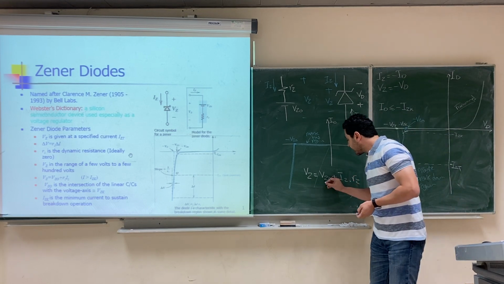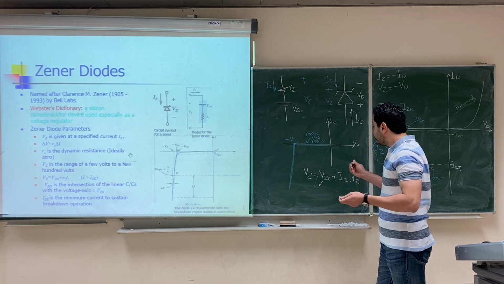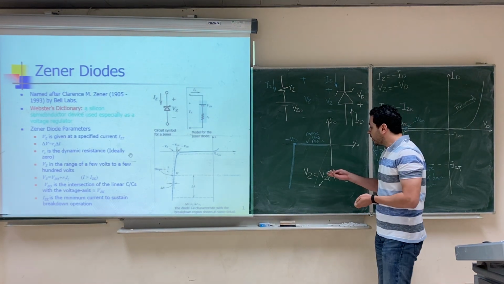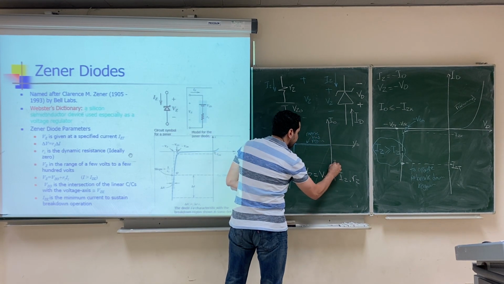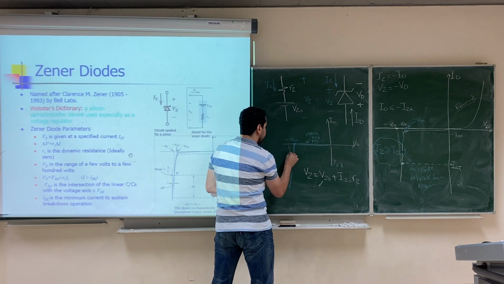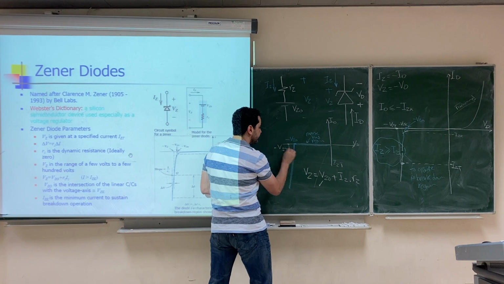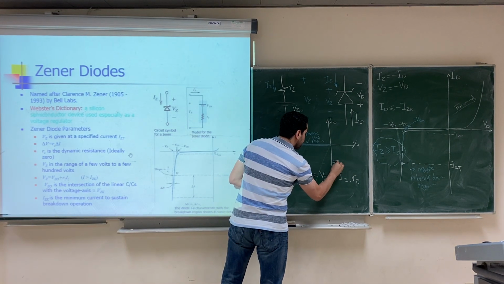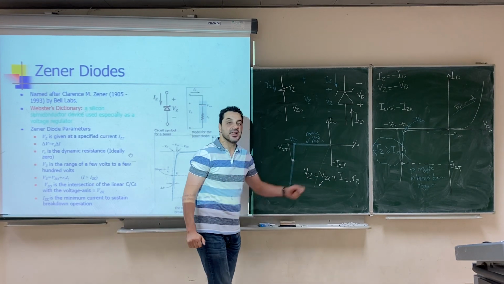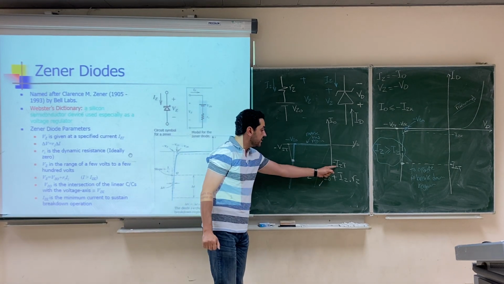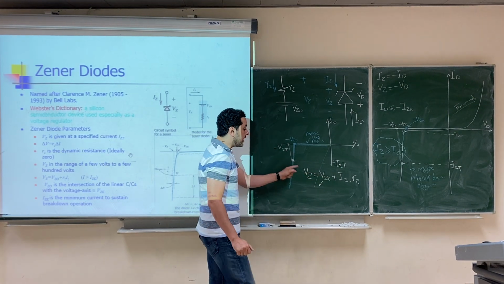Why? Because we said that VZO is usually given in the data sheet. And then if I give you the test point, if I tell you that we tested the Zener diode and we found I Zener test and V Zener test, I gave you the values of I Zener test and V Zener test, then you know that this test point, negative I Zener test and negative V Zener test, lies on this line.